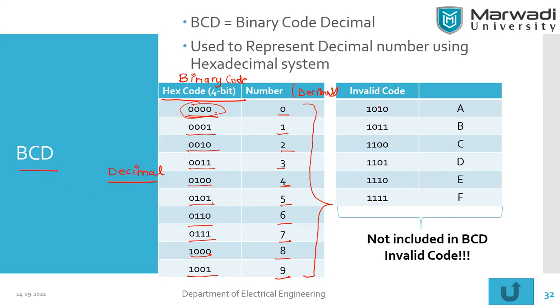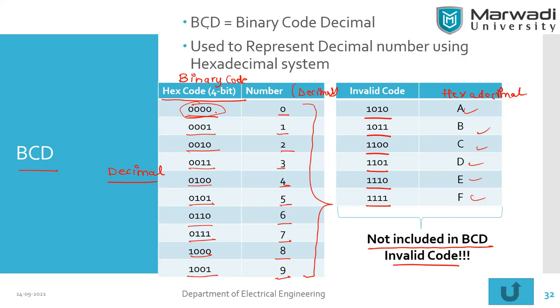In case of BCD, the codes 1010, 1011, 1100, 1101, 1110, and 1111 stand for the hexadecimal equivalents A, B, C, D, E, and F. These codes are not included in BCD, so we call them invalid codes.